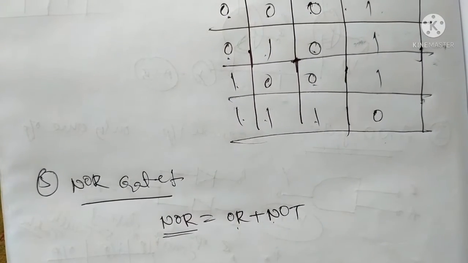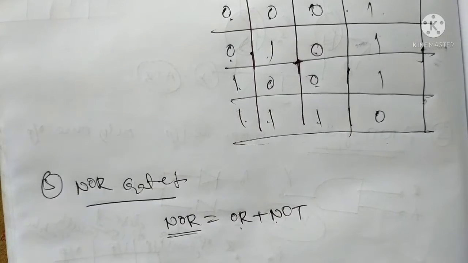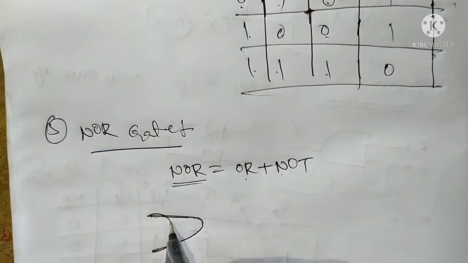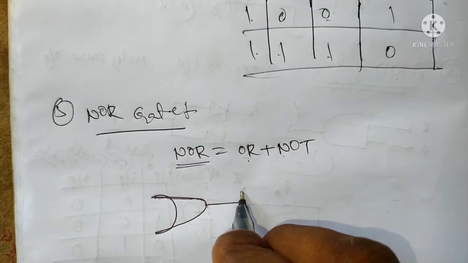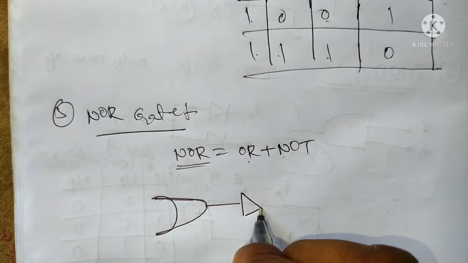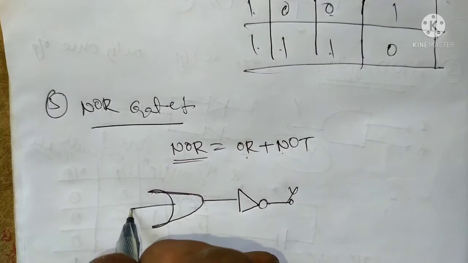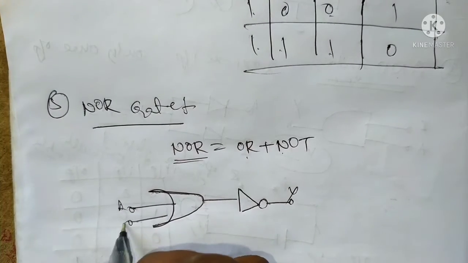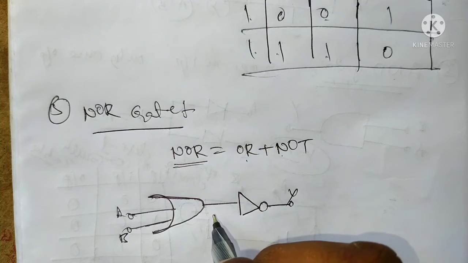Suppose the symbol of the OR gate is this, plus a NOT gate. This is Y, with terminals A and B. What is the operation of the OR gate?